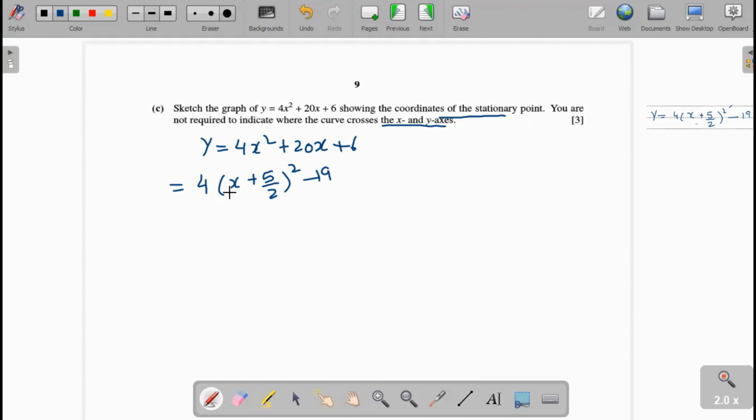From this, we can see that minus 5 over 2 and minus 19 is the turning point of this graph.